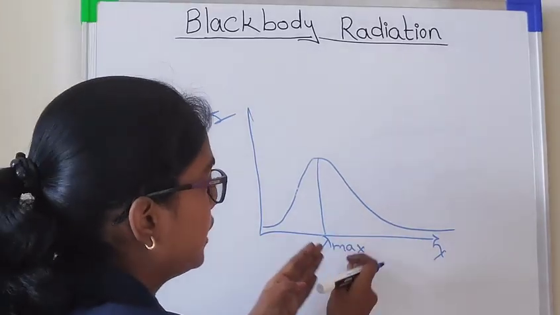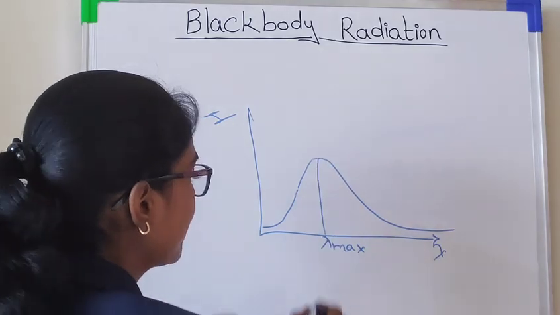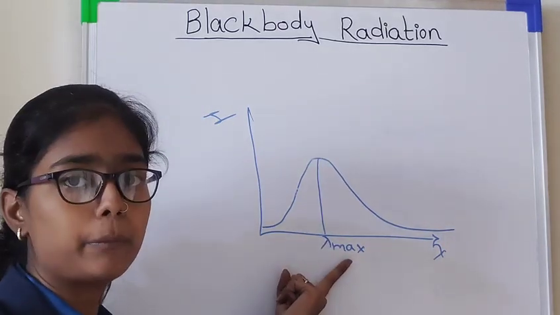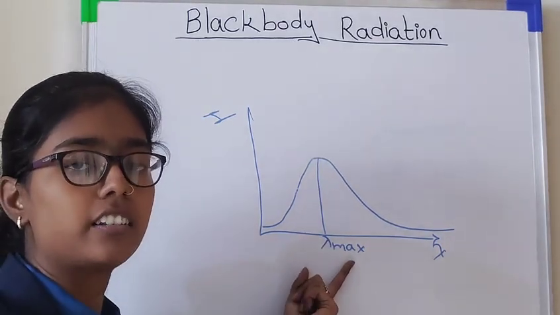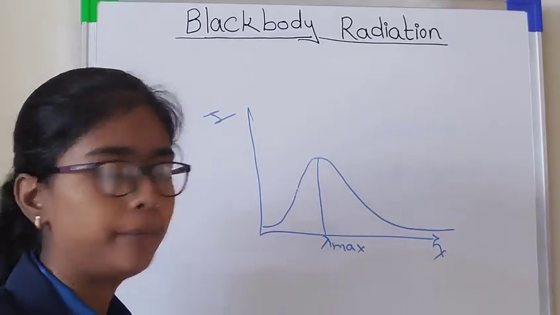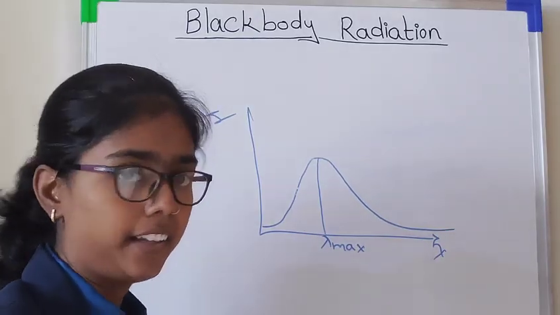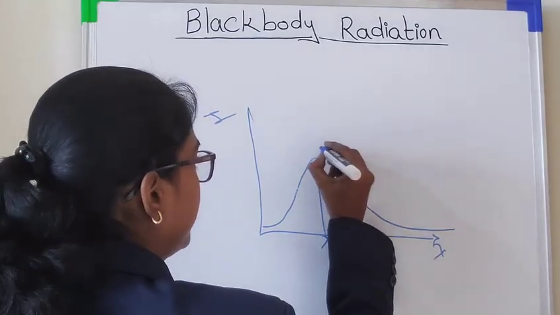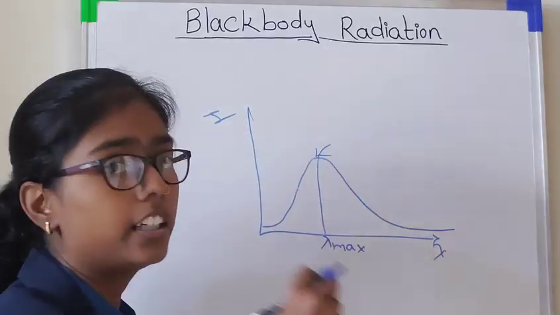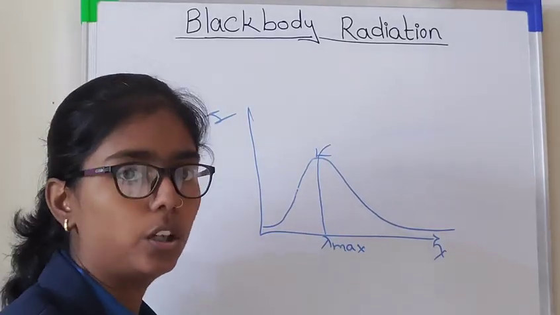At a particular instant, lambda becomes max and the intensity is maximum, which means this wavelength is emitted in a larger quantity. Later, lambda increases again but the intensity goes on decreasing.